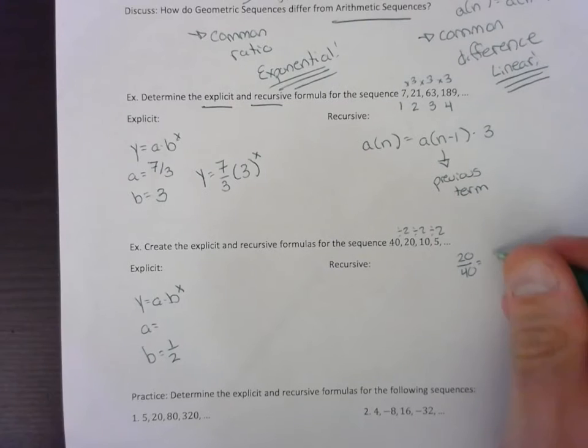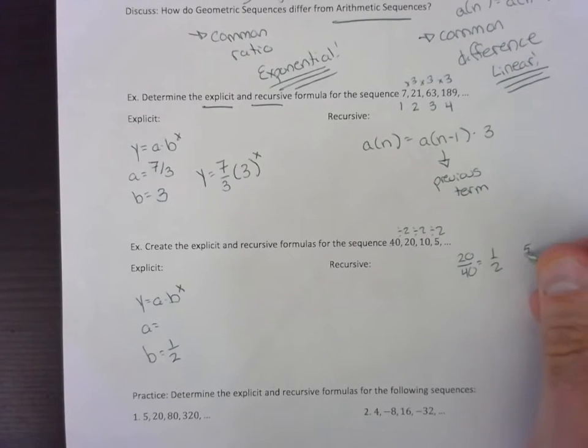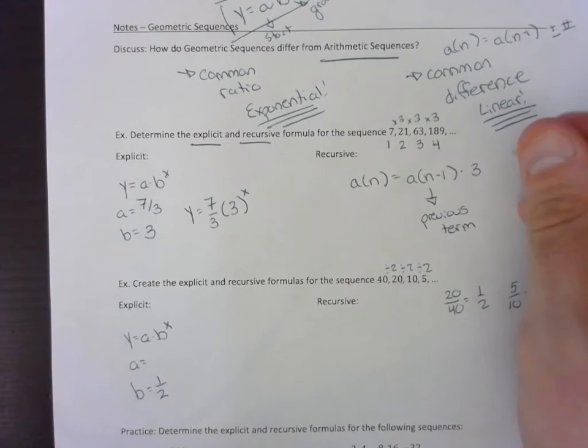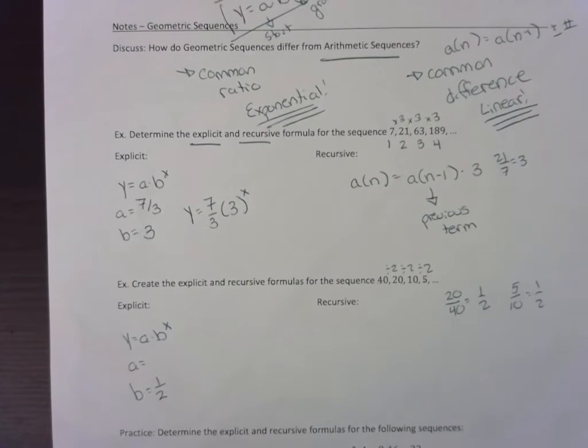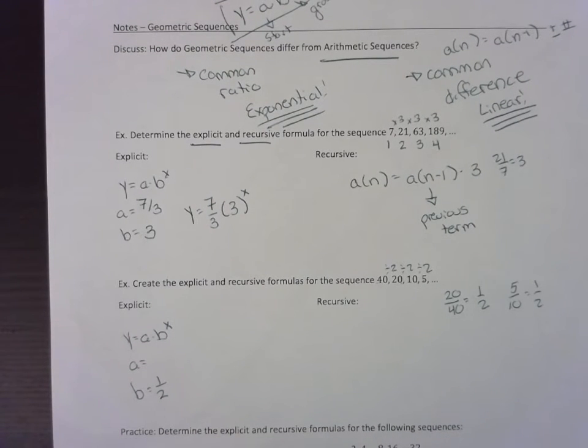Take 5 divided by 10. That's 1/2. If you did it up here, you could have taken 21 divided by 7 and got 3. You can get the common ratio very easily like that. So if you're stuck, just take the previous number and divide it.